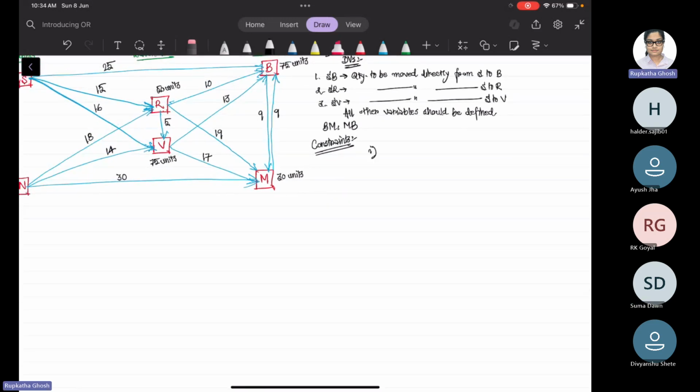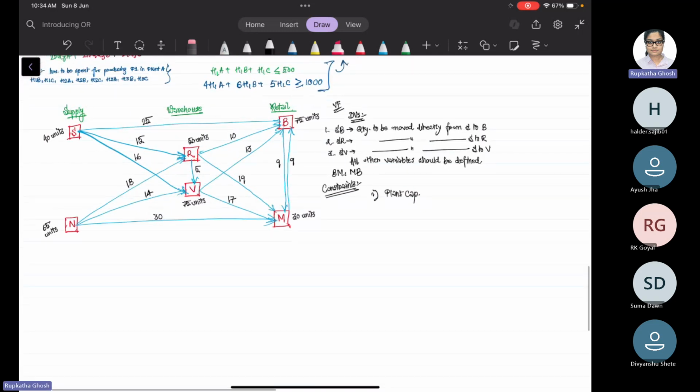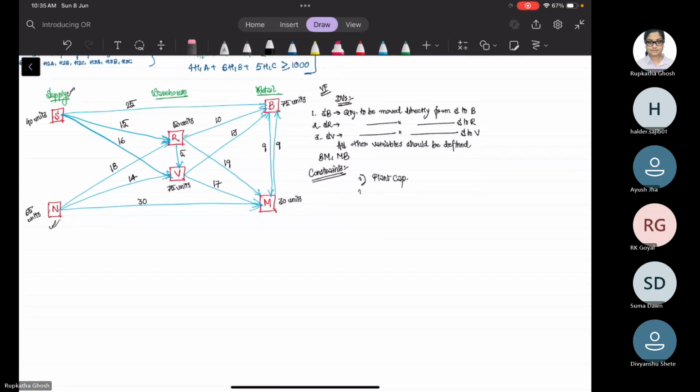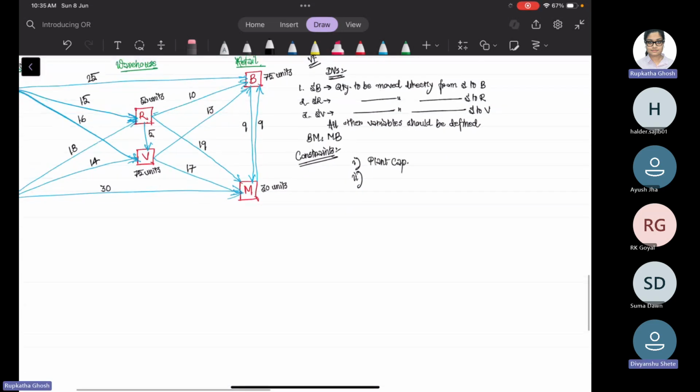Okay, let's call it plant capacity constraints, for SNN. Then demand. Warehouse, yes, exactly. Warehouse storage, let's call it retail capacity constraints. As he also said, demand constraints. And any other constraint?